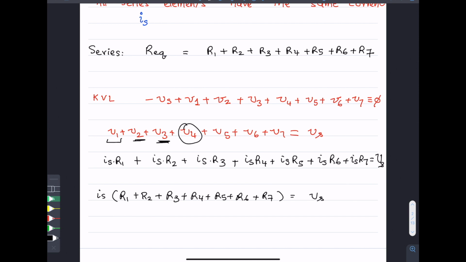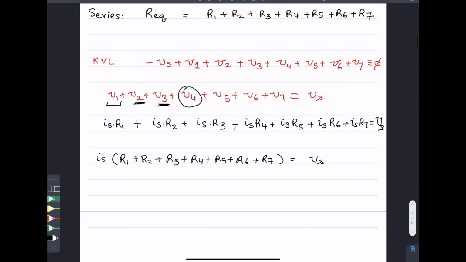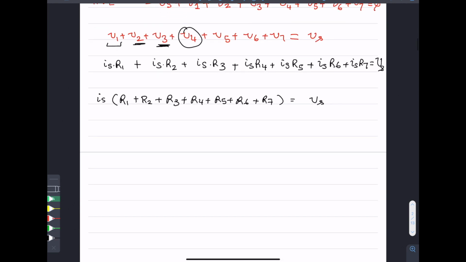Okay, so the idea is if I had one equivalent circuit, one voltage source, Vs, connected to an equivalent resistance, R equivalent.